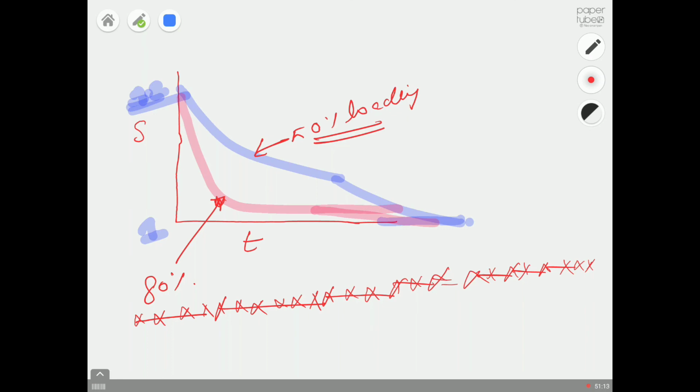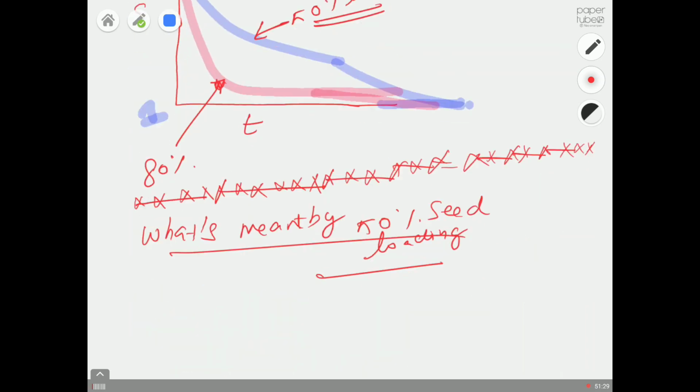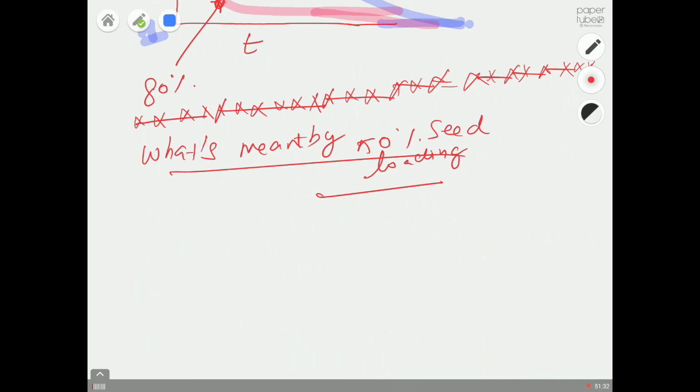So let's begin with what is meant by 50% seed loading. If you check the SOP of any industry, they will have terms like 3% seed loading.